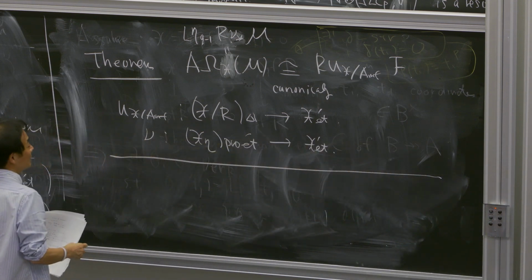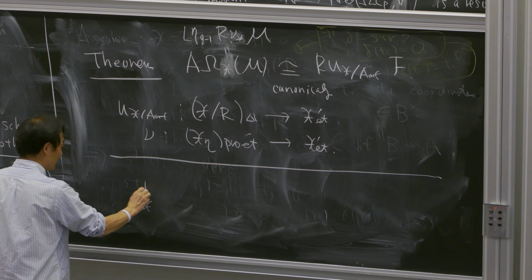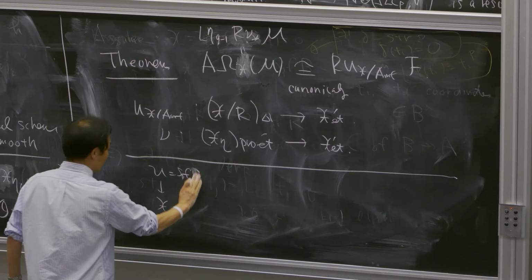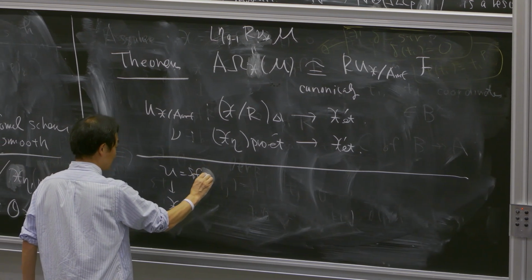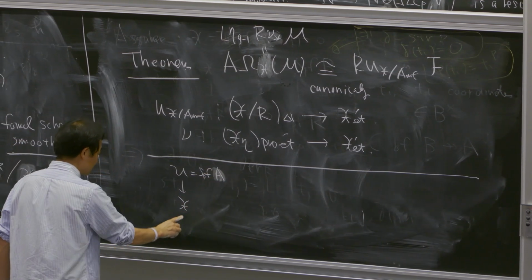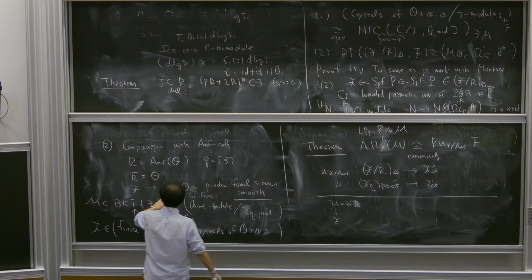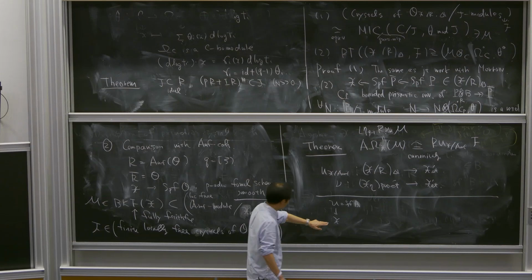That is, we take just an affine covering. How do I write it? So x is maybe say proper over this one, and in general this is not affine.